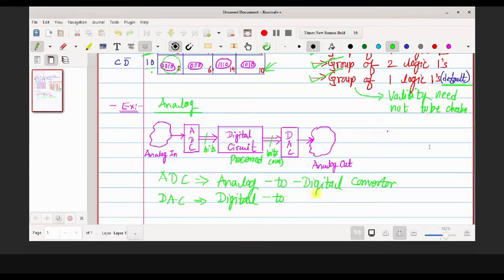And then the output is given back to the analog world. So this is my analog world, and here again I am giving the analog world as the output. Generally this is happening, but we are mostly interested in designing the circuits for this particular block only. So for us, this digital circuit block is the important block.